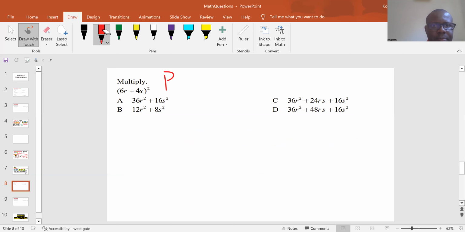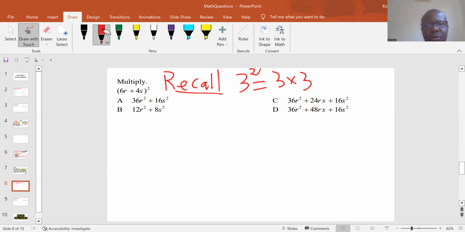Recall, we learned in exponents that when you have, for example, 3 to the 2nd power, this is the same as what? 3 multiplied by 3. So we multiply 3 by itself and we repeat this 2 times. Therefore, we'll apply the same concept here.